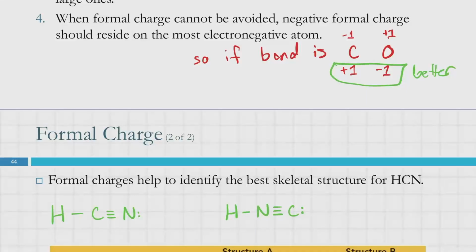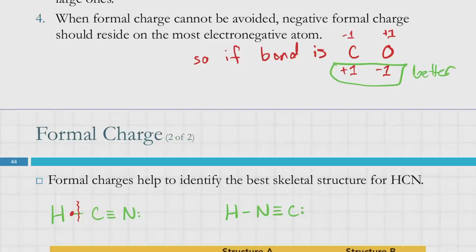So we want to calculate the formal charges for each of these atoms. So taking a look, hydrogen is coming in with 1 valence electron because it only has 1 electron. If we cut the bond in half, hydrogen has 1 valence electron.